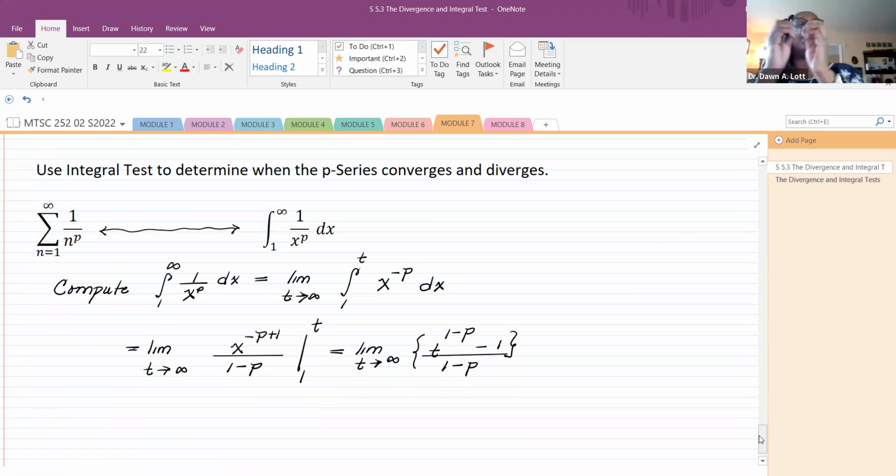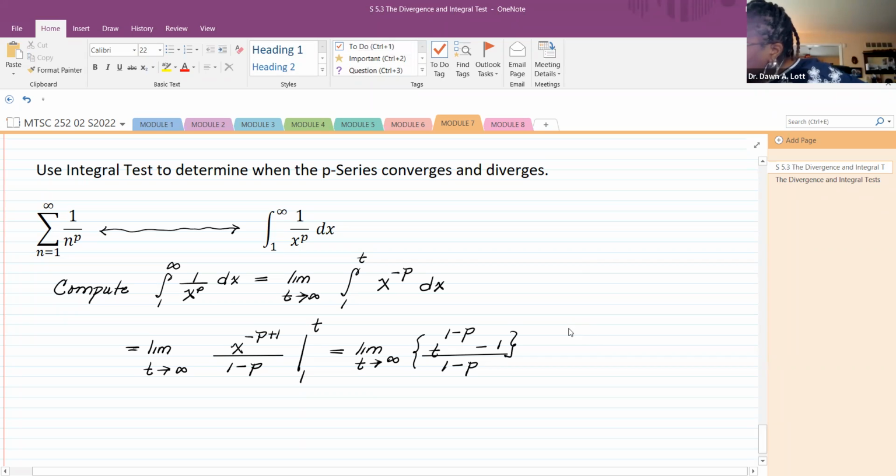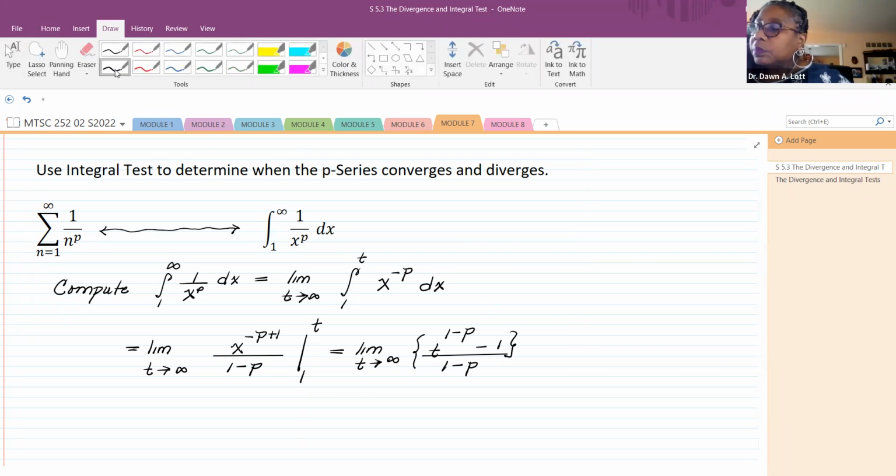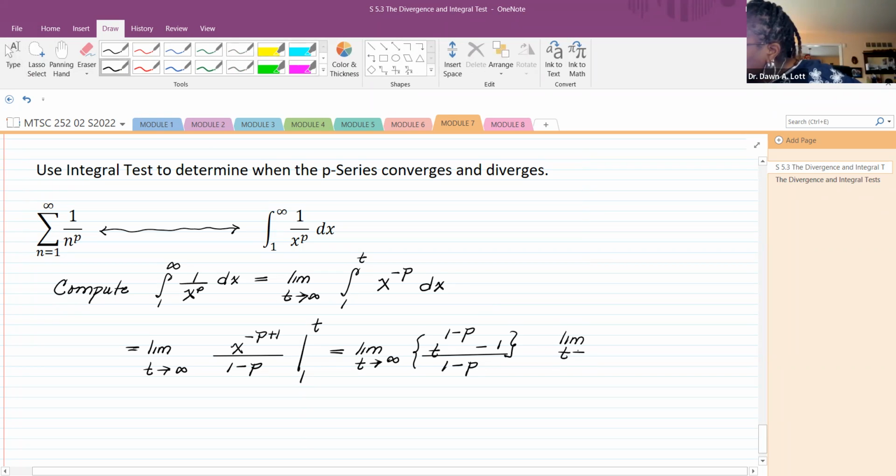So if p is greater than 1, then 1 minus p is negative. So now I have the limit as t approaches infinity of t to the 1 minus p.